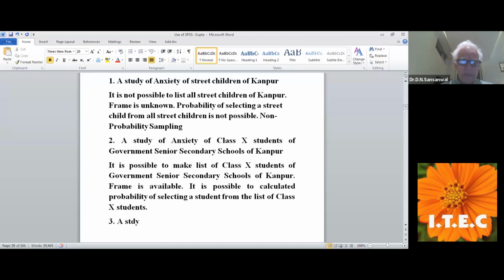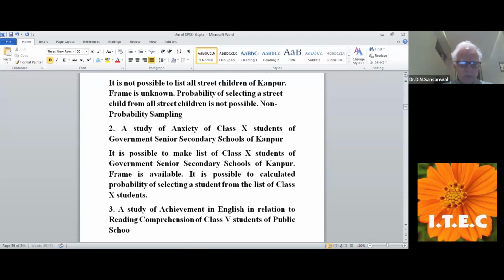Another is a study of achievement in English in relation to reading comprehension of class 5th students of public schools of Delhi.